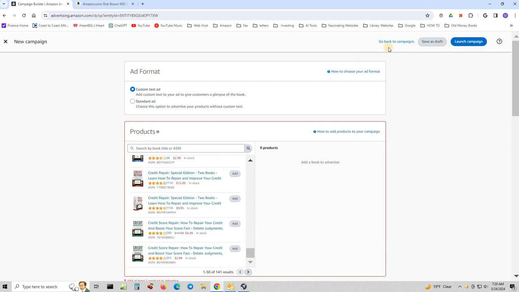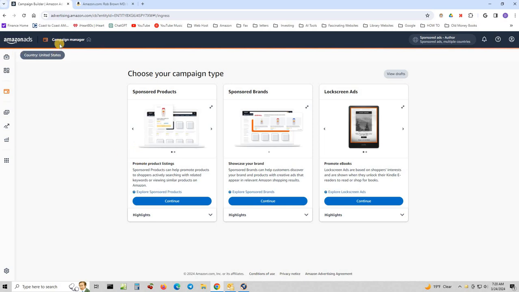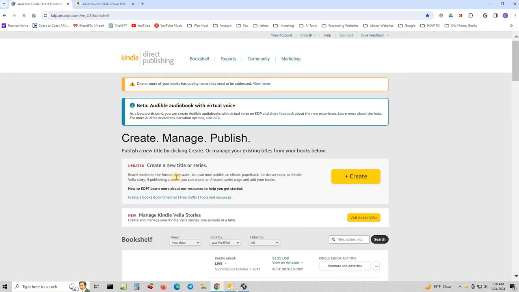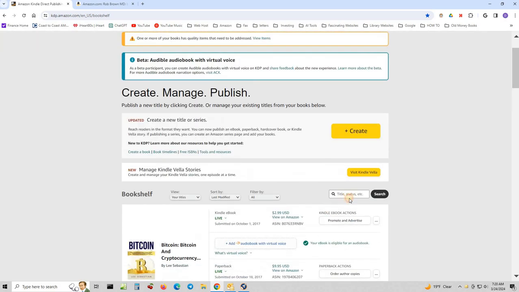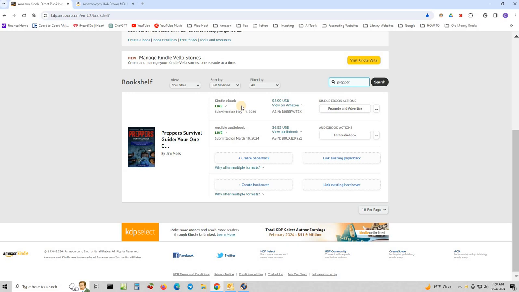Or I could just do this. Yeah, I don't want to save that. I'm not launching that chakra ad actually. So go back to your KDP page. Since I have so many books, and I don't know why they're not showing in that thing. Here's my prepper book.